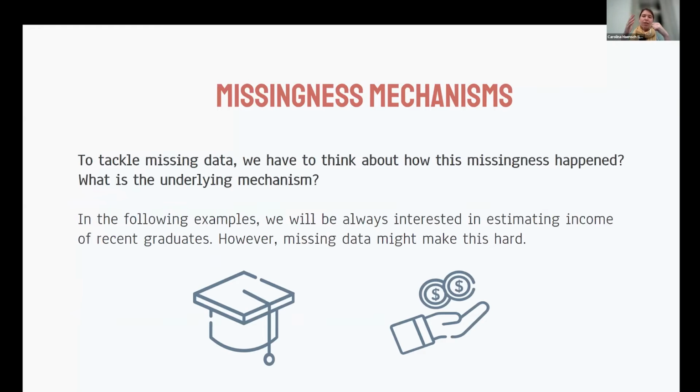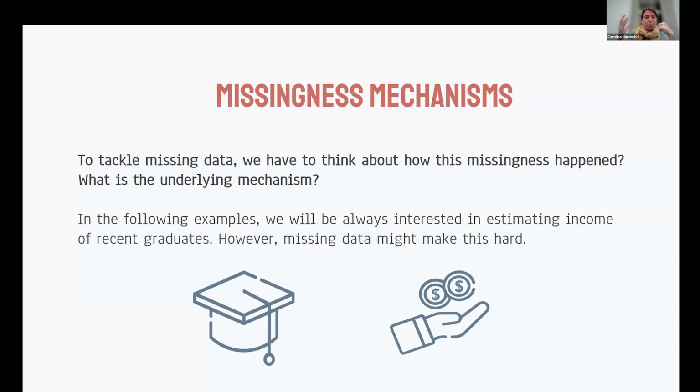So we might want to estimate the income of recent graduates, but we have different types of missingness here, some different scenarios where missing data might happen, and the consequences of this missing data are different for these 3 types.